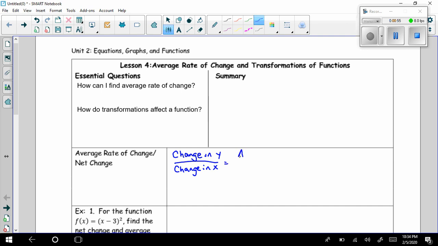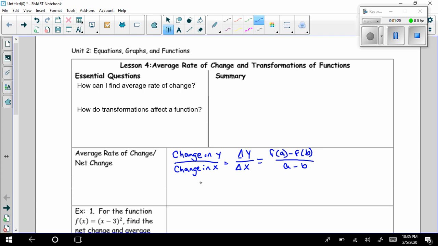You'll see that notated as this delta symbol, so a triangle. Or sometimes as f of a minus f of b. So remember that's a way to write y, and then a minus b on the bottom. So the x's that match up with the y's.